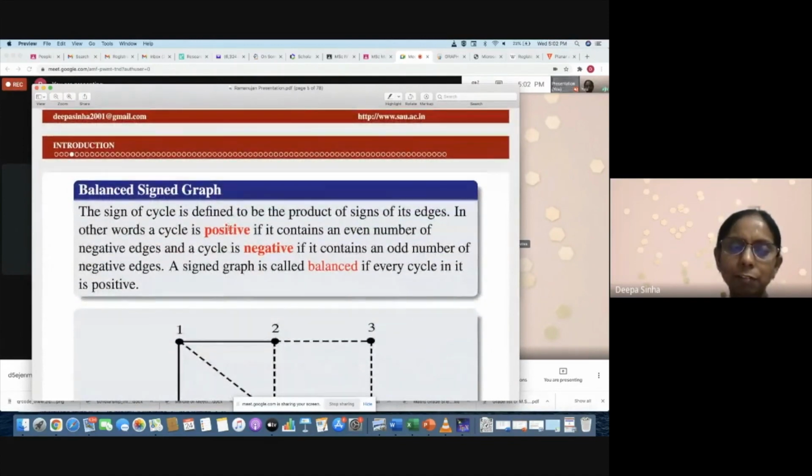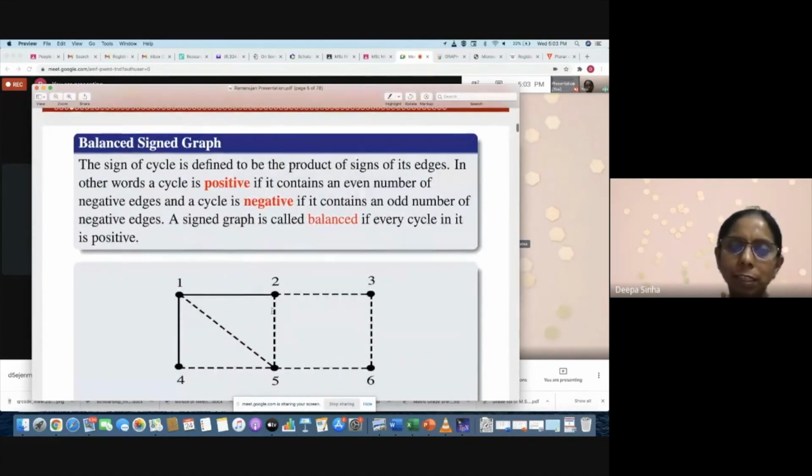The sign of a cycle is defined to be the product of the signs of its edges. Suppose this is the signed graph, then this is a cycle 1 2 5 1. This is a positive cycle because the product of an even number of negative edges is always plus 1.